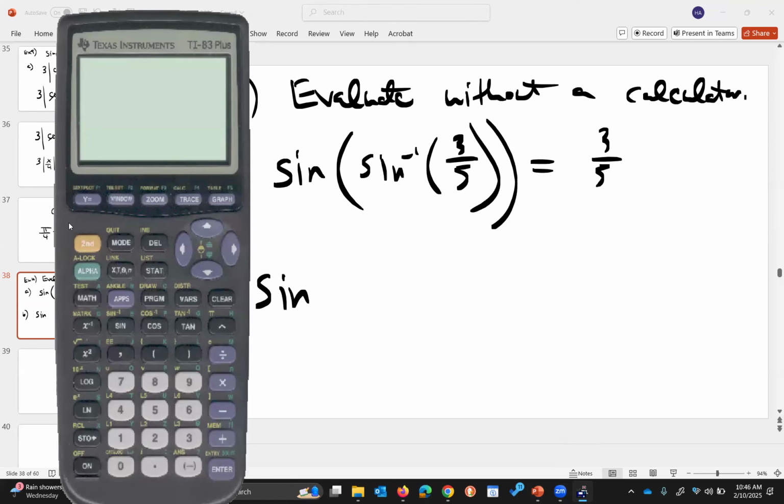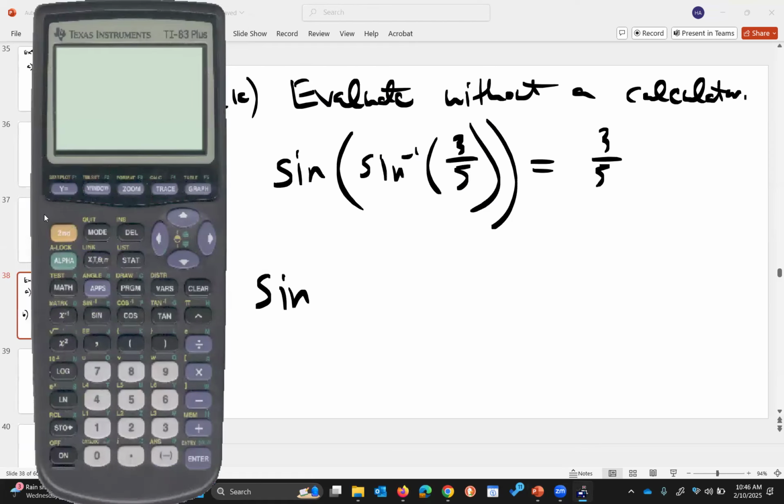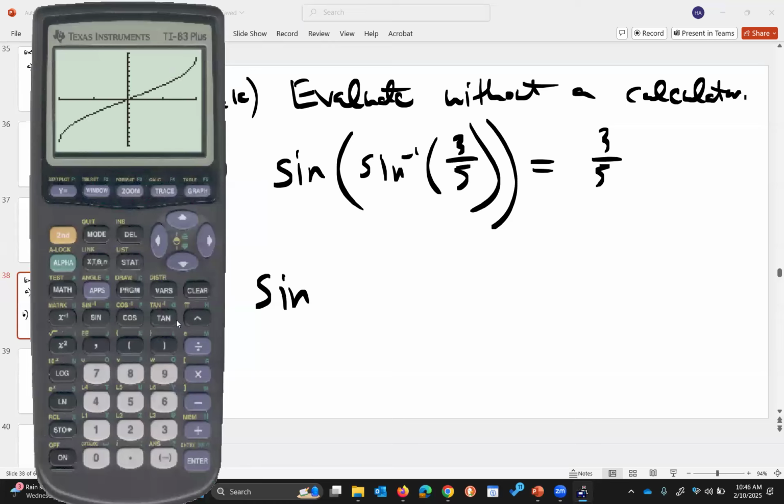So how do you put absolute value inside a calculator here? Let's do one. I need the absolute value of -7. You have this little math menu right here, and you have something called numbers, and you have abs.